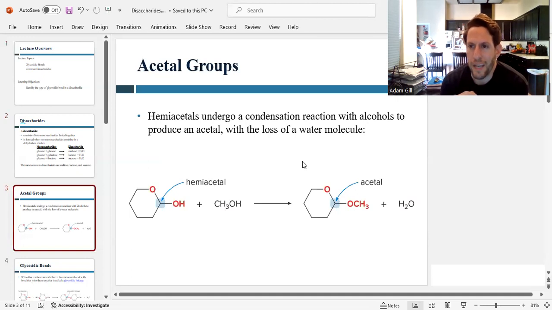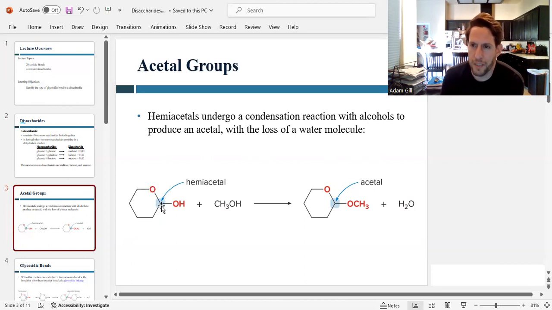So let's take a step back and talk about acetal functional groups. So hemiacetals can react with alcohols to form an acetal functional group and kick out a water molecule. Now, an acetal is basically two ethers connected to the same carbon, but they have special reactions that regular ethers don't. And so we refer to this as an acetal.